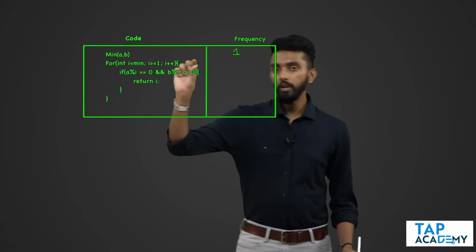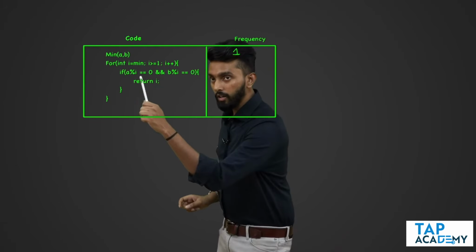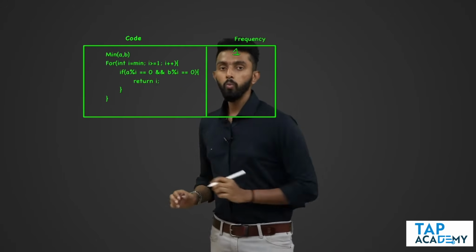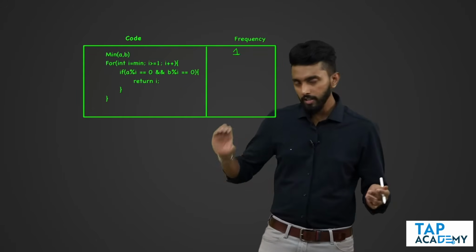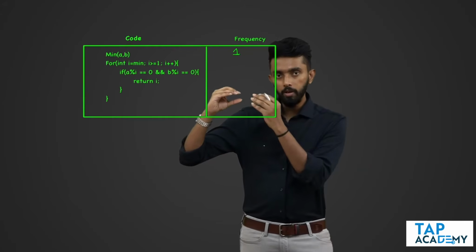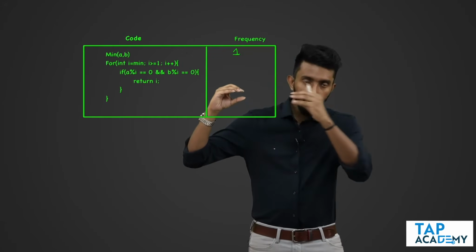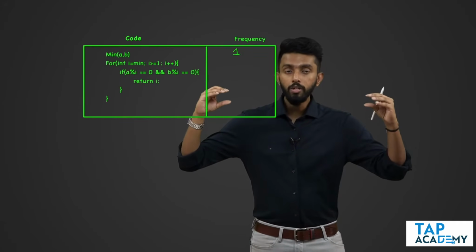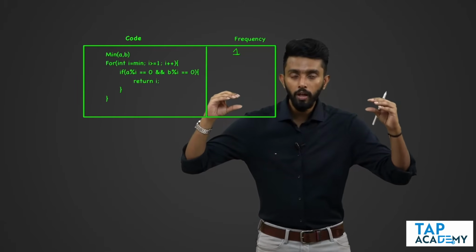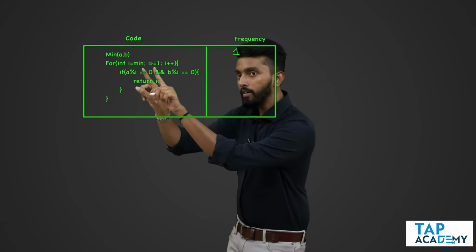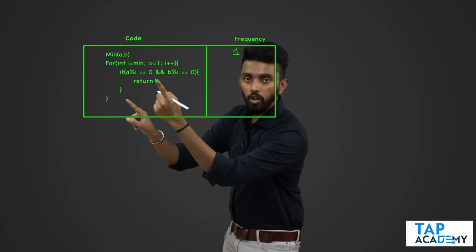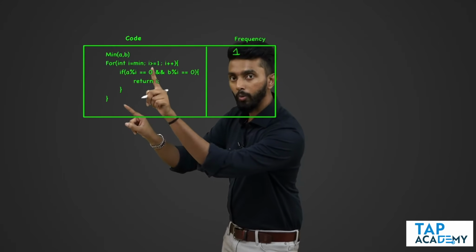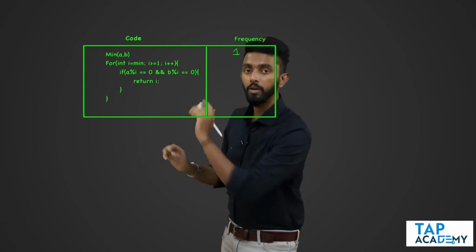Whereas this operation, look at it, it's starting from min and going till 1. So in the worst case, it will start from the minimum number between A and B, whichever is minimum, and go till 1. So how many times will it execute? Min number of times, plus that one time when this condition becomes false. Till greater than or equal to 1 it is true; when it becomes lesser than 1, it becomes false.